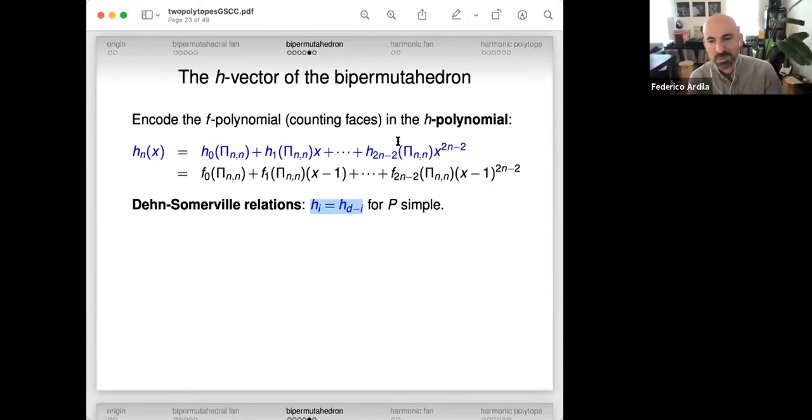So in some sense, most polytopes are simple. And actually, again, as often happens in combinatorics and in almost any part of mathematics, whenever you have a symmetric sequence, there probably is some sort of duality, whether it's an algebraic duality.